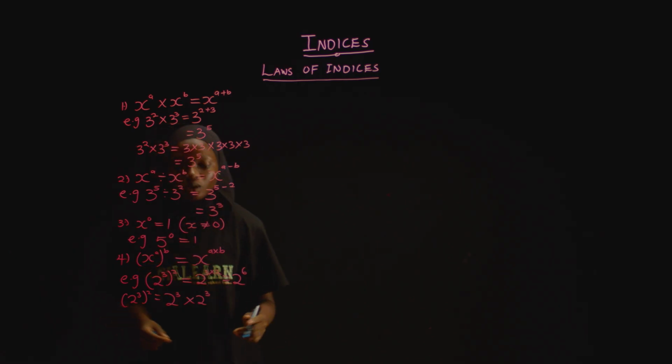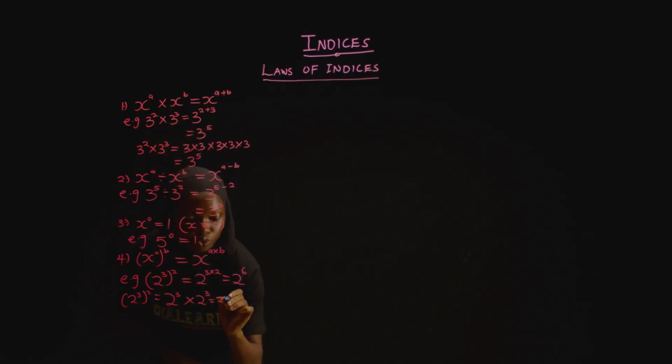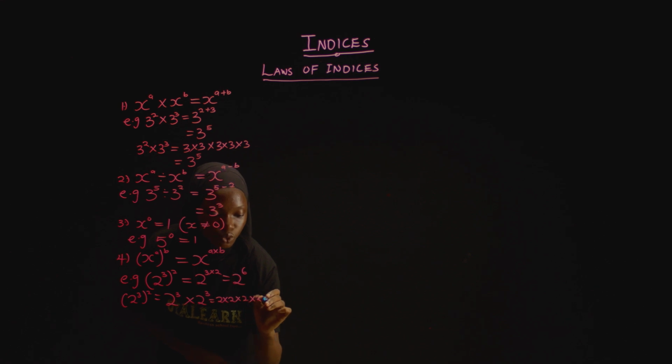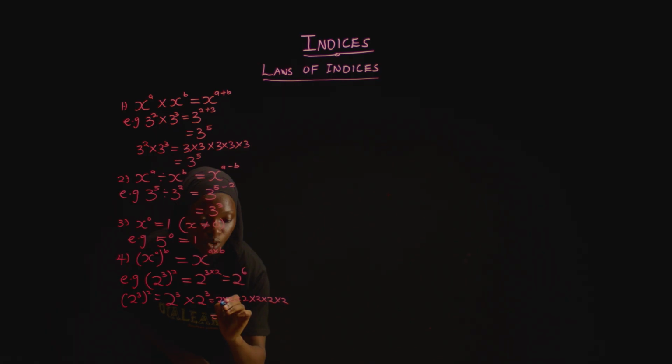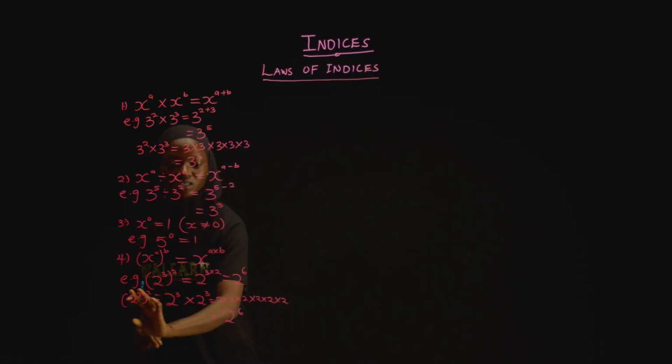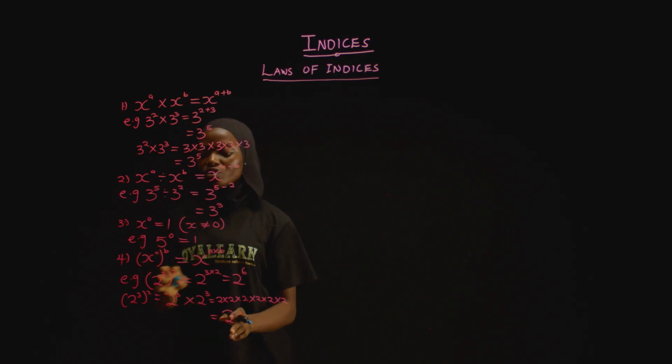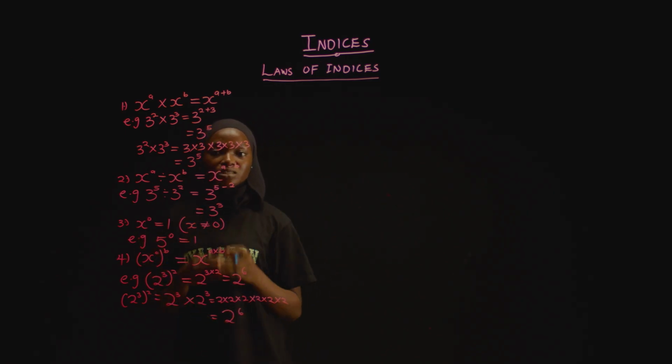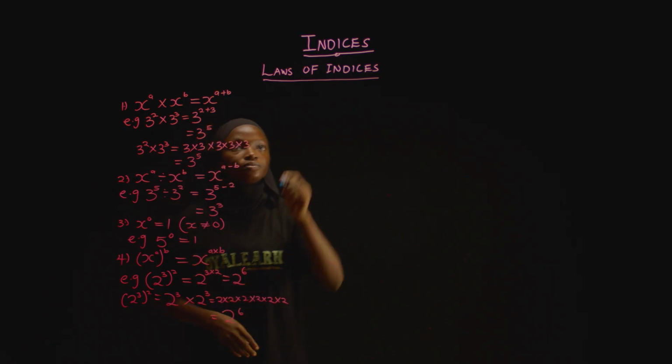Then here you split it out to give you 2 times 2 times 2 times 2 times 2 times 2. And here we'll be having 1, 2, 3, 4, 5, 6, 2 raised to the power 6. So instead of taking this longer route, the fourth law of indices just says multiply the powers and you have your answer.